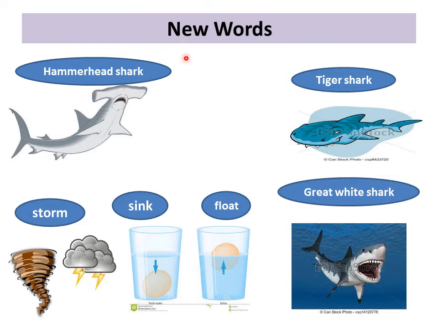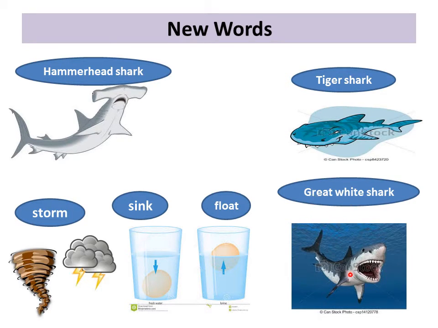We have here some new words in this lesson. We have different kinds of sharks. This kind we call it what? Hammerhead shark, because the head looks like a hammer. Yes, hammerhead shark. Tiger shark.